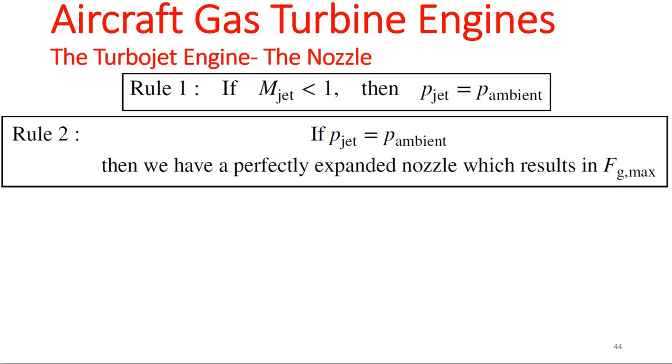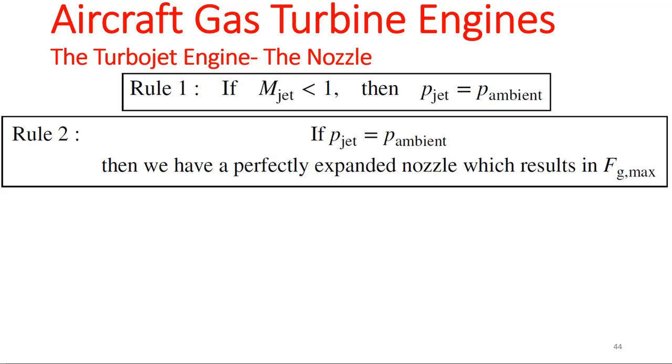So based on these 2 rules, what can you conclude for the thrust of a subsonic jet? We know that a perfectly expanded nozzle will result in the maximum gross thrust, right? That's rule number 2.